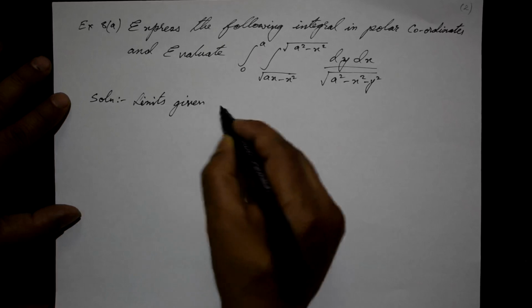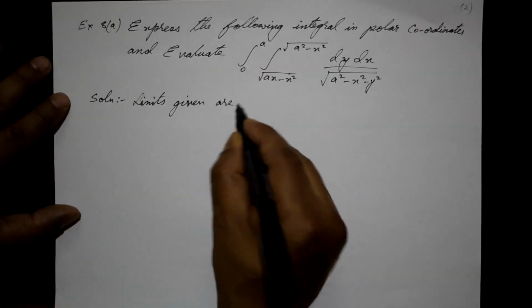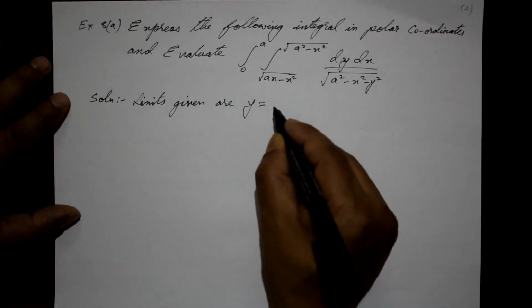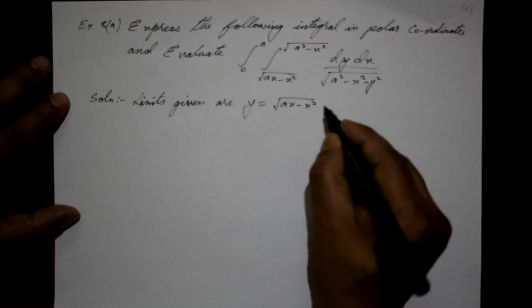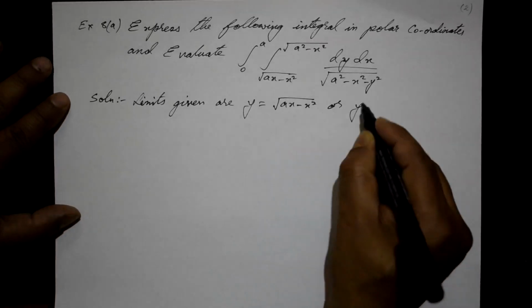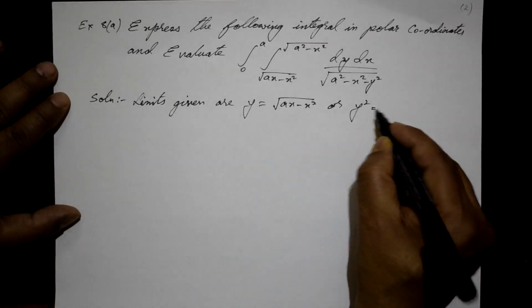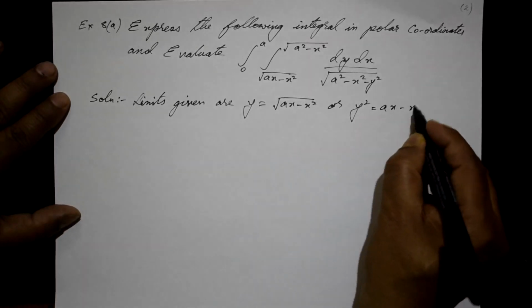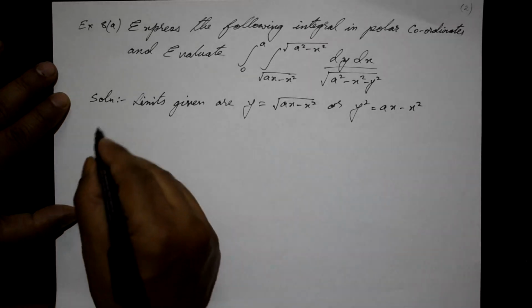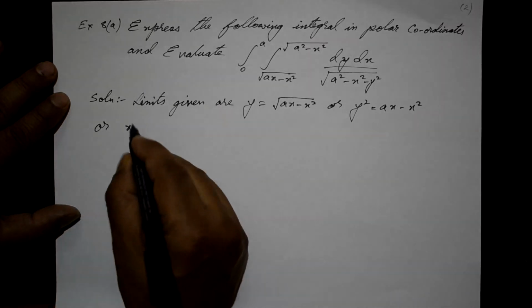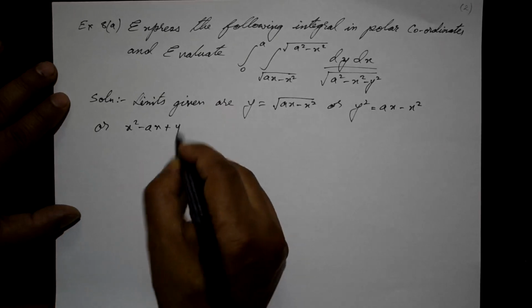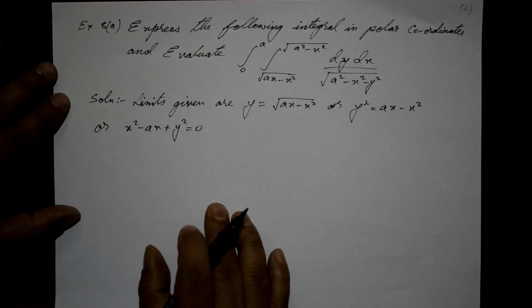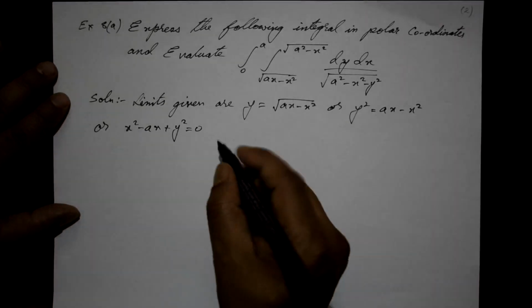Now let us take up the limits. Limits given are y is equal to root of ax minus x square, or y square is equal to ax minus x square, or x square minus ax plus y square is equal to 0.